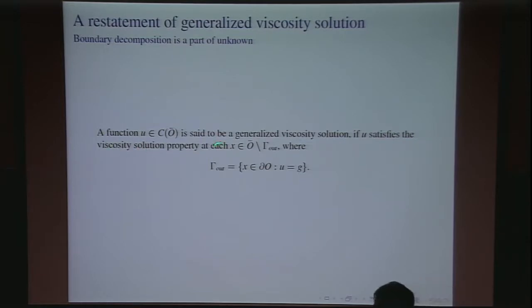A function U is said to be a generalized solution if U satisfies the viscosity solution property in O bar, which means the closure set minus gamma out. Gamma out is those points where the function actually meets the given boundary. And if you are looking at the boundary points and there is something left outside gamma out, then you have to verify its viscosity solution property, just like an interior point.